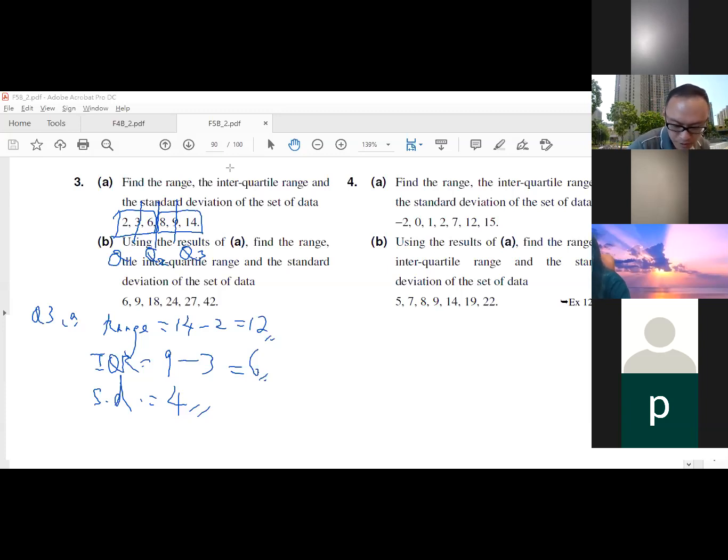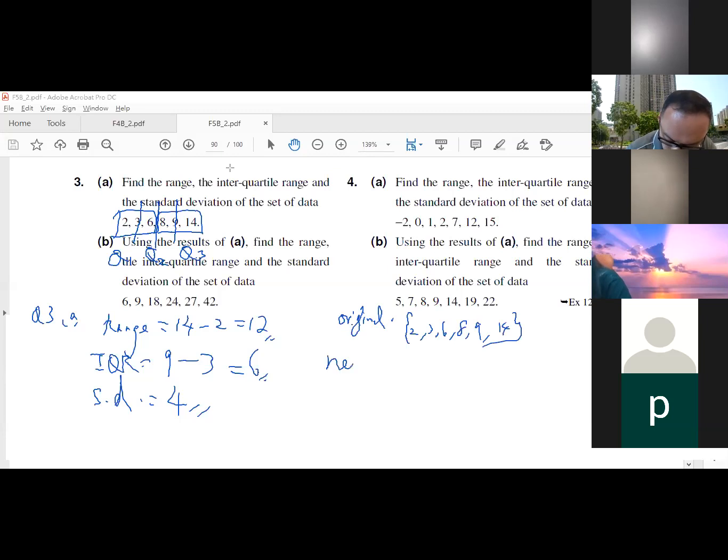And then part B. Part B, using the results of A, find the range, the interquartile range and standard deviation of the set of data 6, 9, 18, 24, 27 and 42. 嗱呢度咧有另外一 set 嘅 data，但係佢叫你揾個 range 啦，interquartile range 同埋 SD 啦，係嘛？OK，咁但係佢唔係叫你由頭計過喎，佢叫你 using the results of part A 喎，咁你就要揾翻咧究竟呢一 set of data，嗱我哋 original is 2, 3, 6, 8, 9, 14, right?